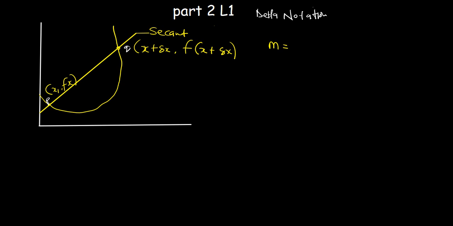The final y is f of x plus delta x, then minus the first y, which was just f of x, over x plus delta x minus the same x, the initial x1. I won't really show x1, but I'll just write it like that.